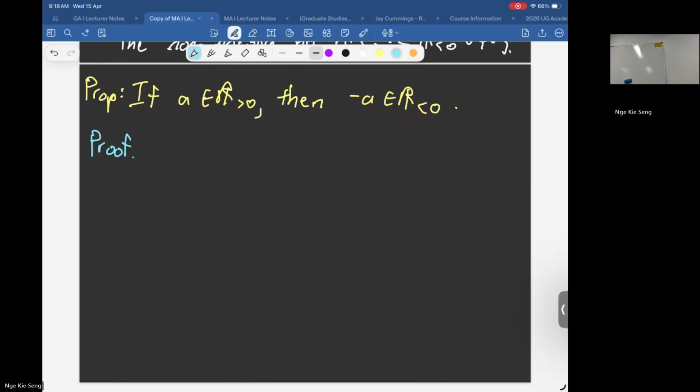Trichotomy law: negative A is less than 0, or equal to 0, or greater than 0. What do we want in this case? Less than 0. So you need to throw away the other two possibilities. We prove by contradiction.